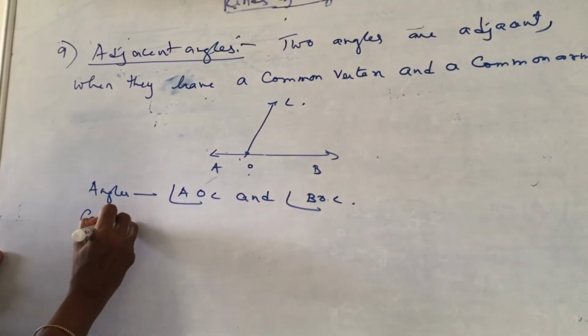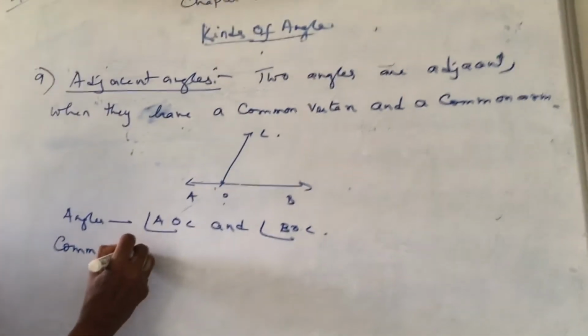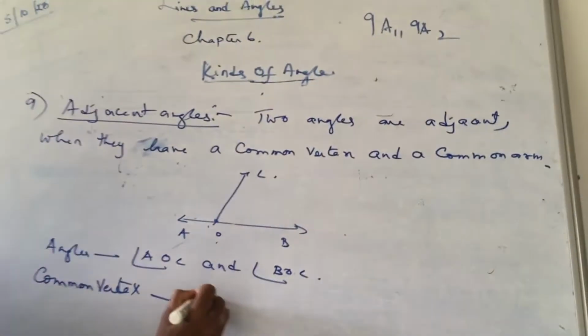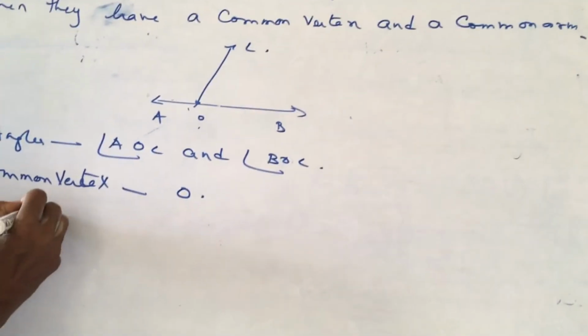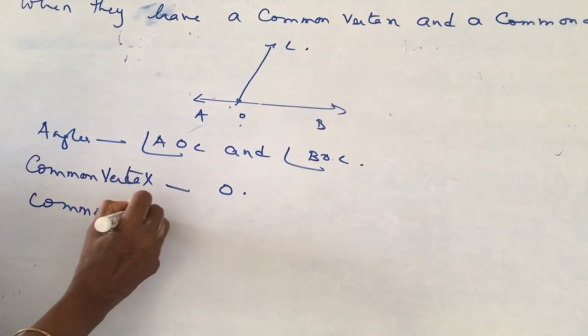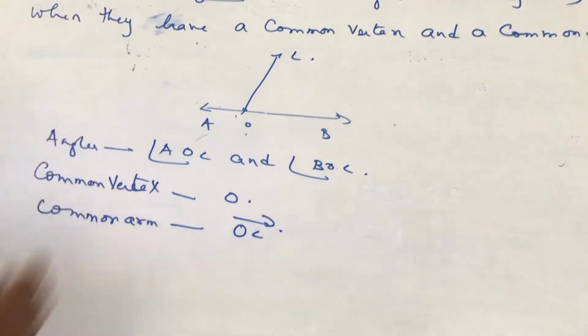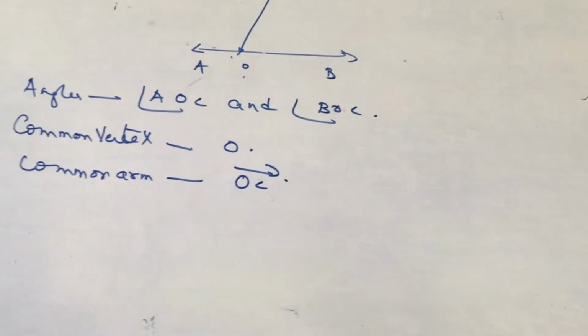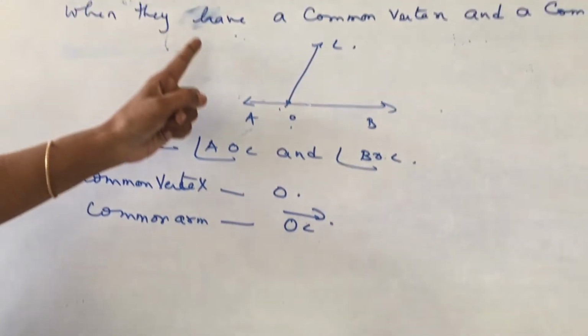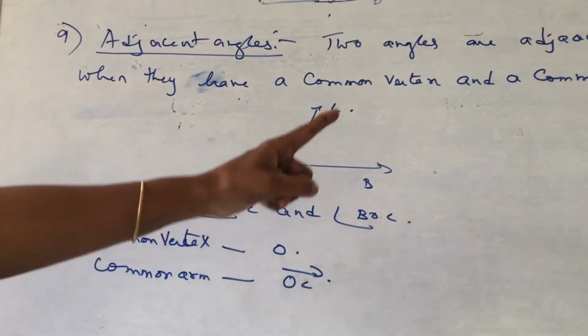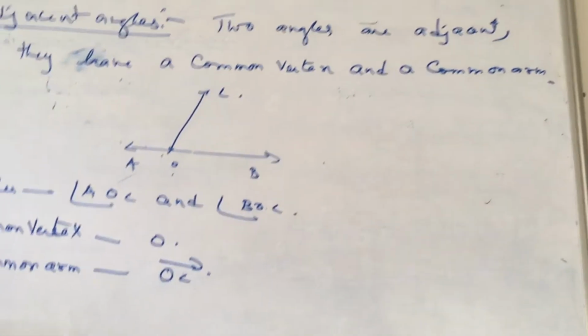The common vertex is what, children, for both the angles? O. Common arm. Arm is nothing but the side of the angle. The ray OC is common to both. Two angles are adjacent when they have a common vertex and a common arm.